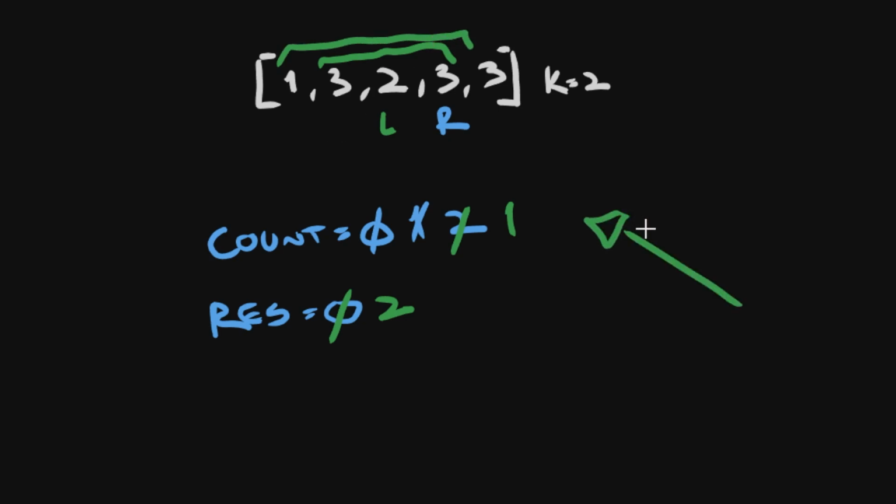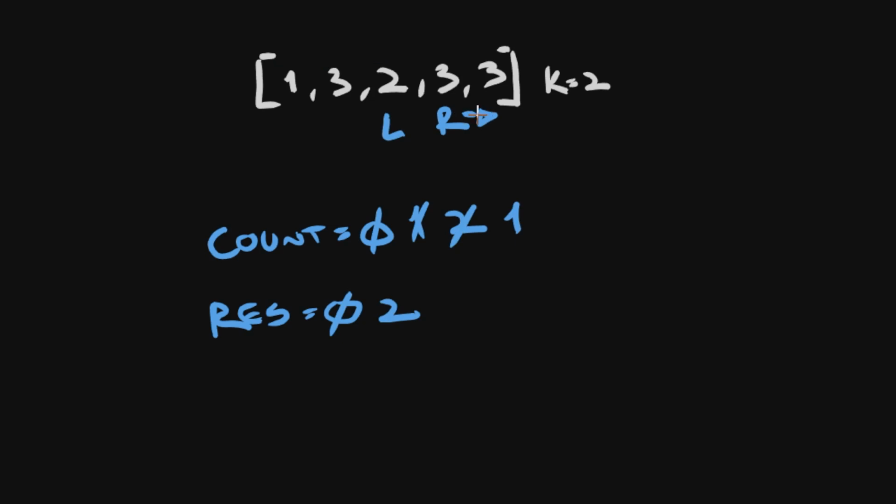This is basically the entire pattern for this problem, so let's continue. Now we update right. Now right is here and 3 is our maximum value, so we add 1 to our count, which is now 2. And 2 equals k, so we need to update left until count is smaller than k. 2 is not our maximum, so we update left here, and 3 is our maximum value, so we subtract 1 from count and update left again.